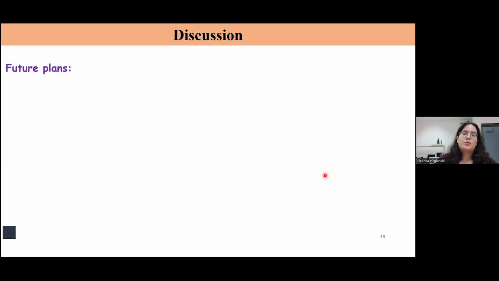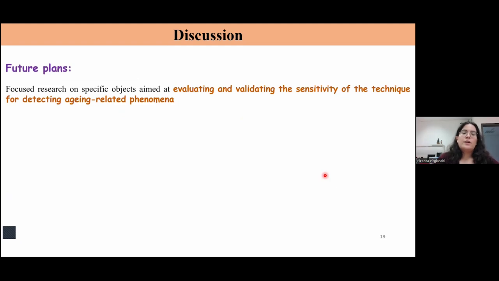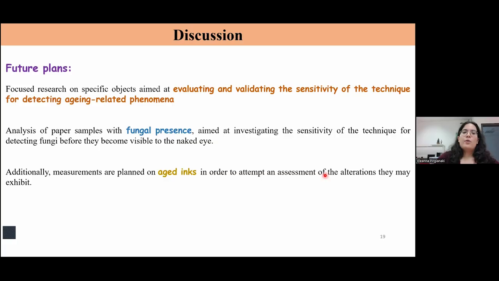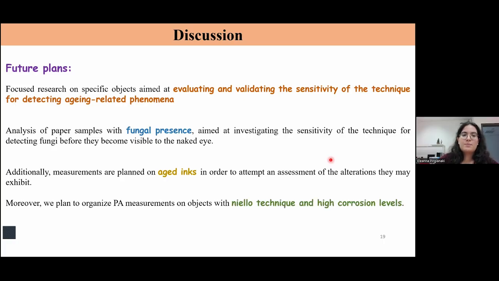And our future plans. Firstly, we want to focus the research on specific objects aimed at evaluating and validating the sensitivity of the technique for detecting aging-related phenomena. We want to perform measurements on paper samples with fungal presence. Moreover, we plan measurements on aged things in order to attempt an assessment of the alterations they may exhibit.